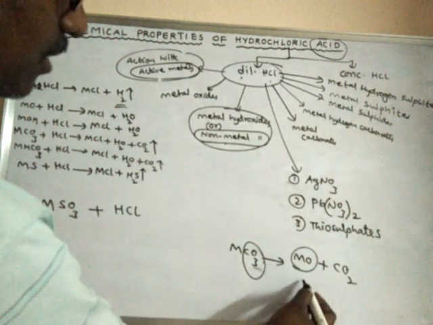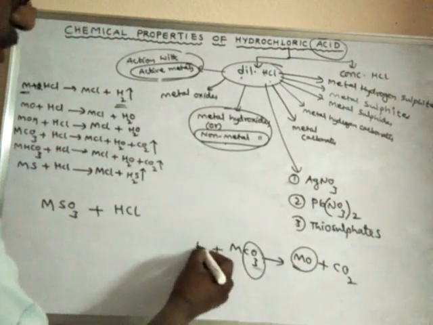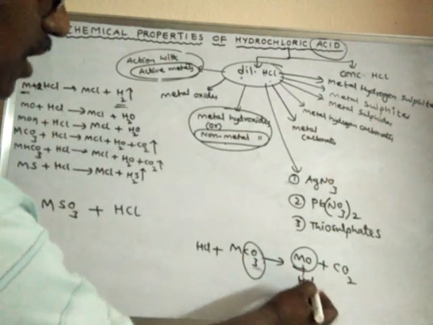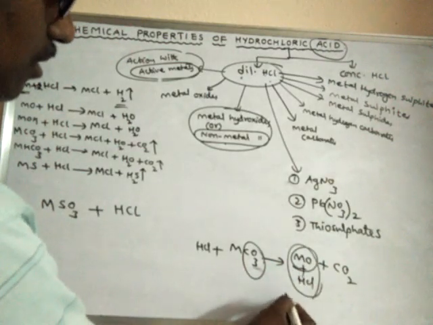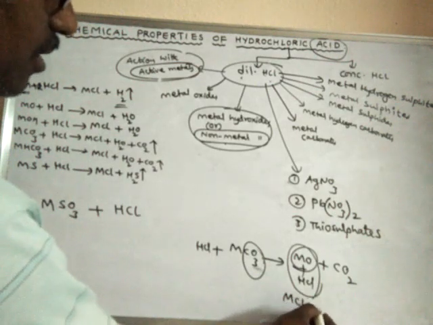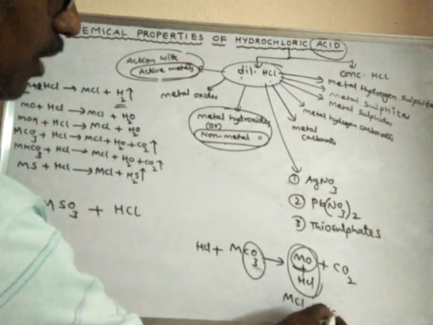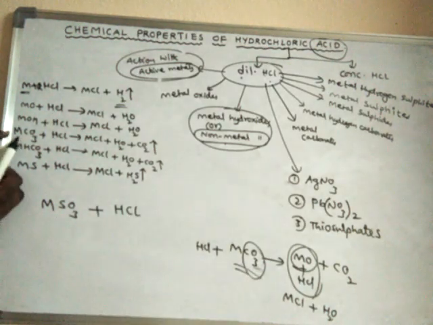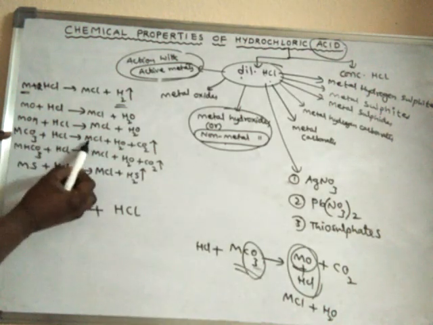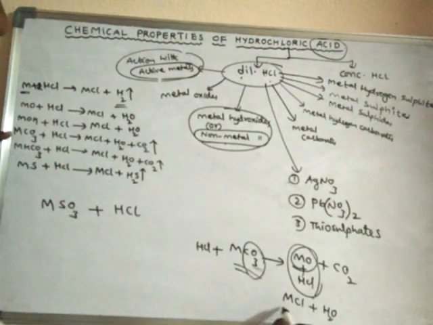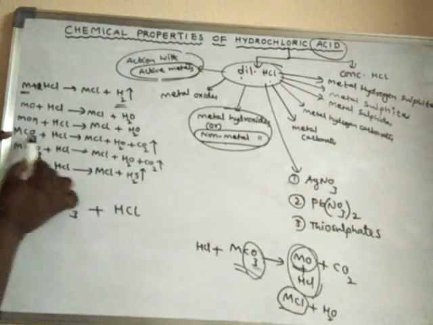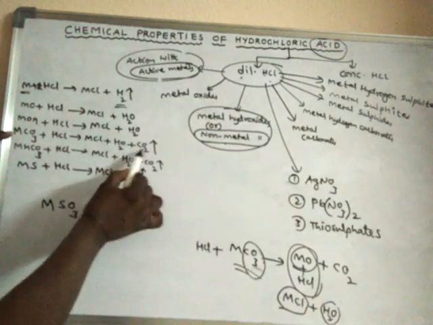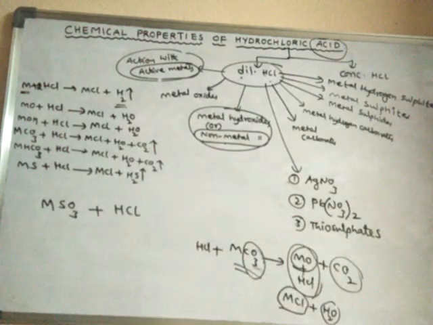Now this metal oxide, when HCl is mixed, will react with HCl to form what? Metal chloride plus water. So that means metal carbonates with HCl form metal chloride, water and carbon dioxide gas.